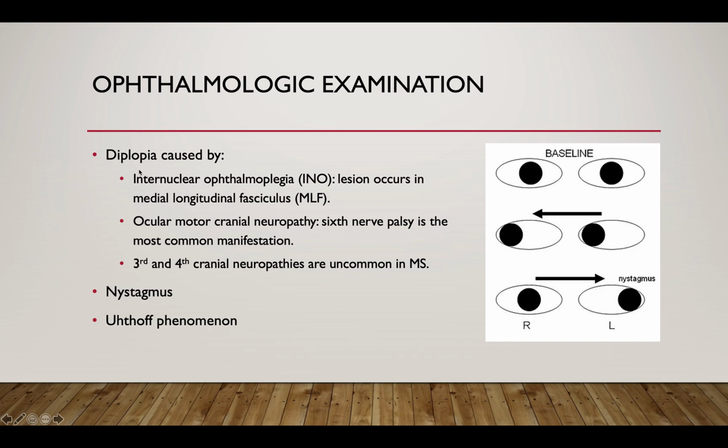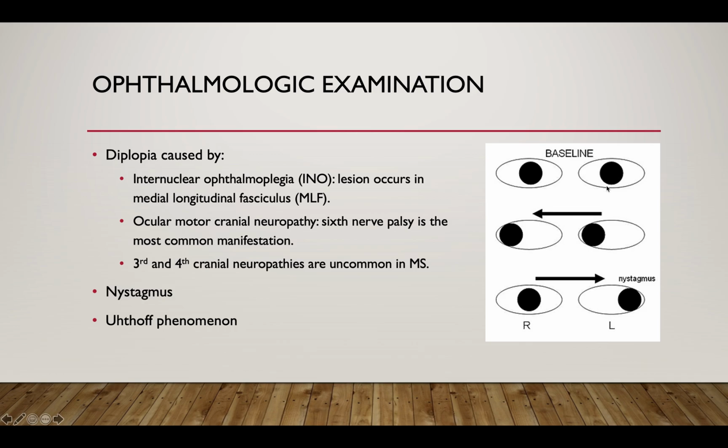Also, one of the manifestations of multiple sclerosis is diplopia. It is caused either by internuclear ophthalmoplegia, and this is a lesion in the medial longitudinal fasciculus. Sometimes it's called medial longitudinal fasciculus syndrome. So what is it?